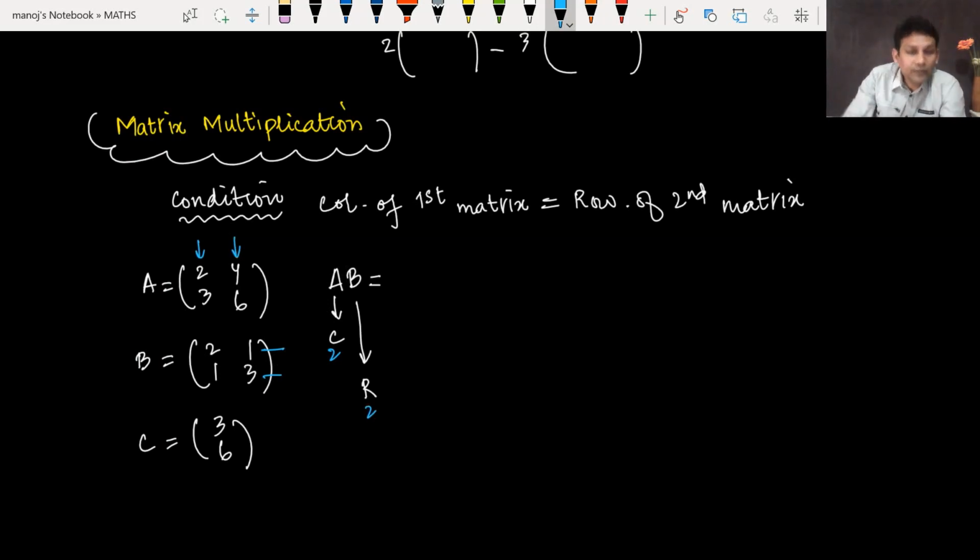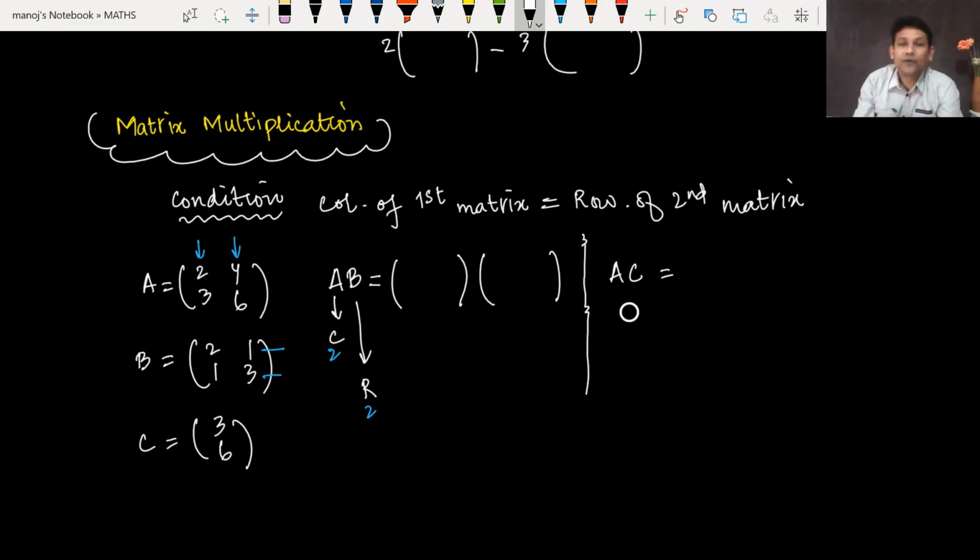How we do the multiplication I will discuss, but before that we should know the condition of matrix multiplication. For example, we have A and C, and I just want to check it. I have to write A and then C, and check whether multiplication is possible.